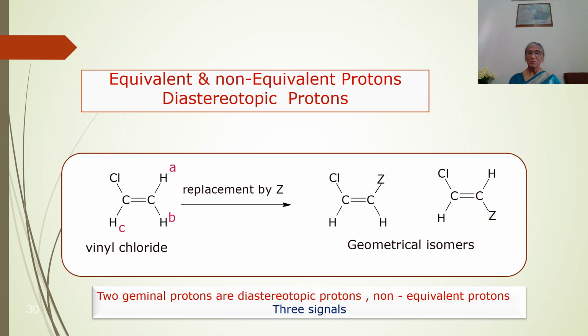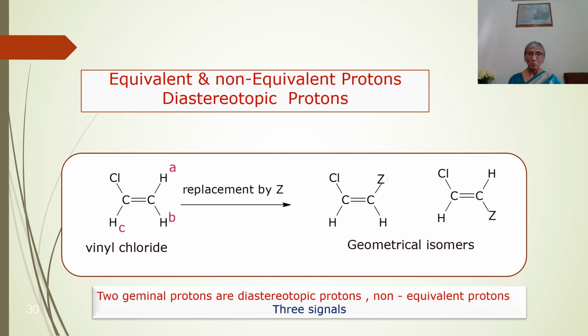So the same procedure is adopted. Replace proton A by substituent Z and proton B by substituent Z. You get two isomers, and these are geometrical isomers. One compound is cis, another is trans. So the two isomers are different, they are not identical.